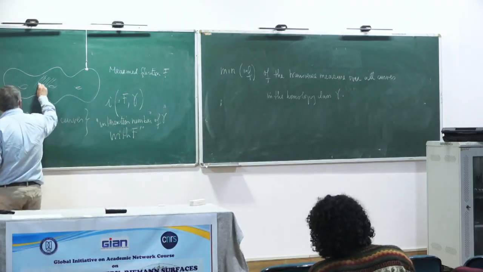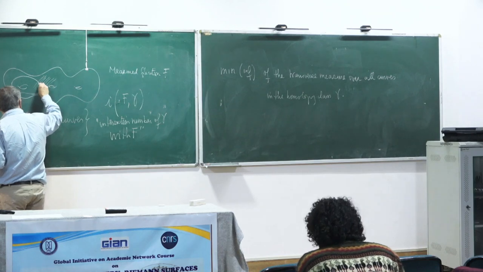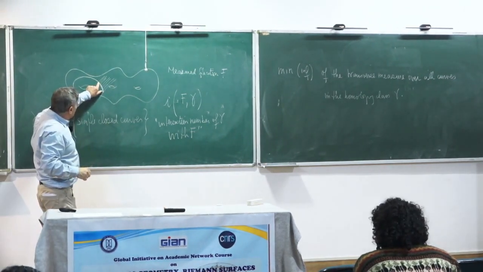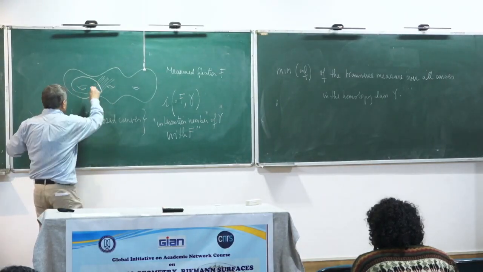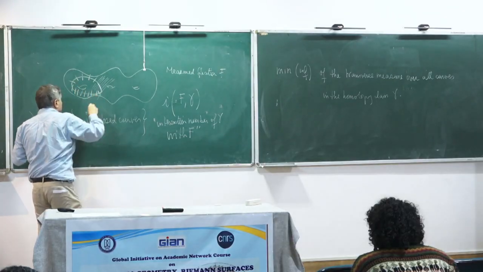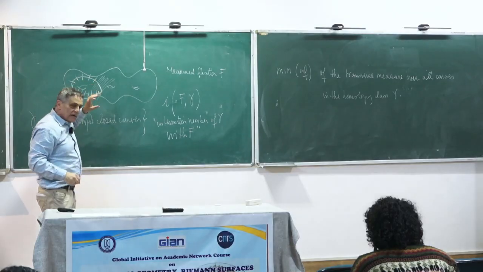Gamma, say, is this curve like this. I can measure this transverse measure of gamma because I have this foliation. And I take the smallest one, in fact.